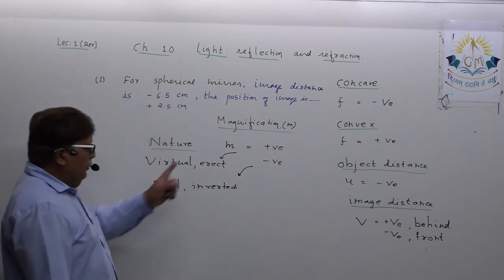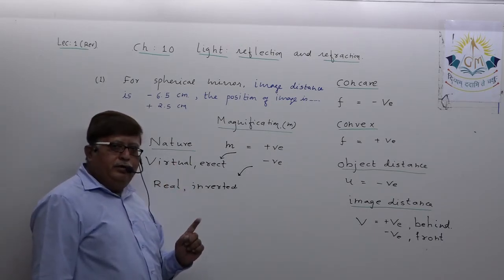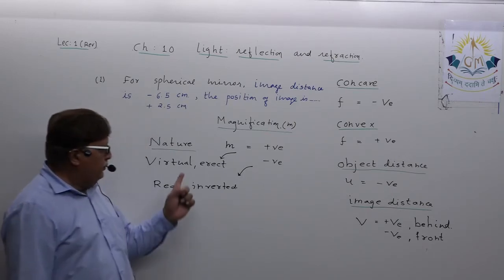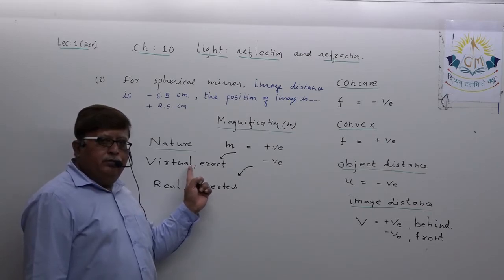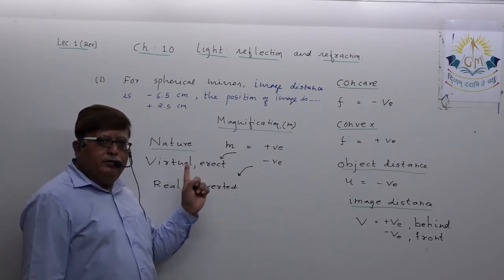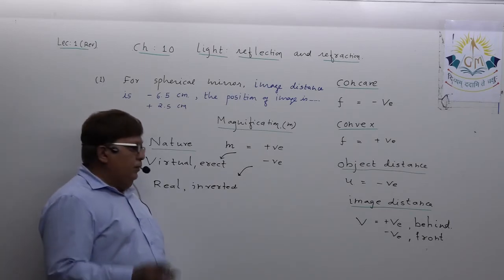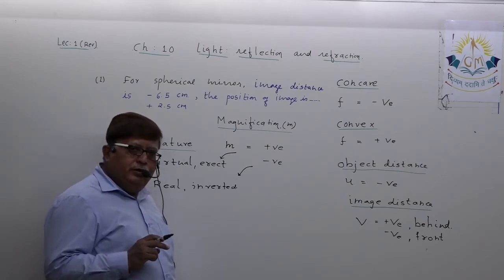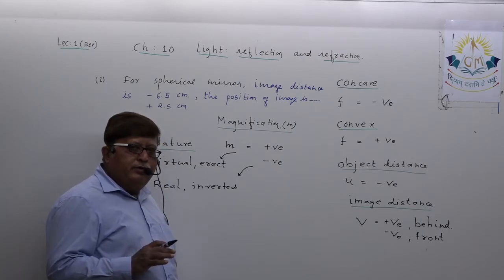Understood? One thing is clear: magnification positive means image is virtual and erect. Magnification negative means image is real and inverted.